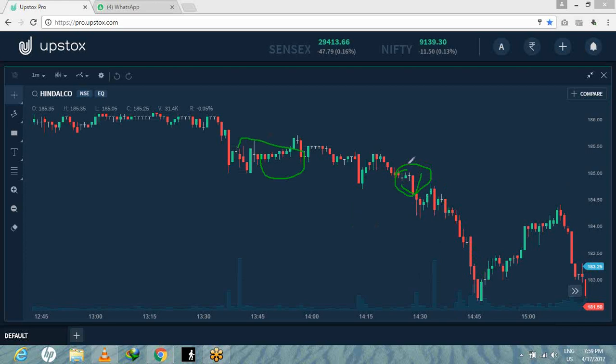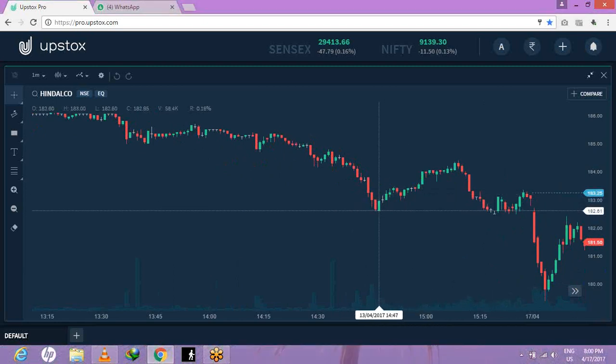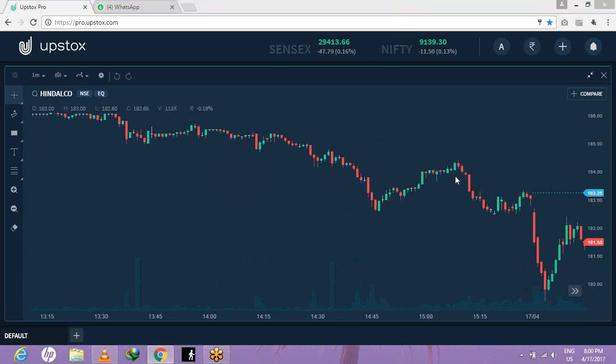Otherwise, if you see, this is very strong actually. And okay, this is not actually an ideal pattern, this is not that ideal, that's why I'm not considering it.